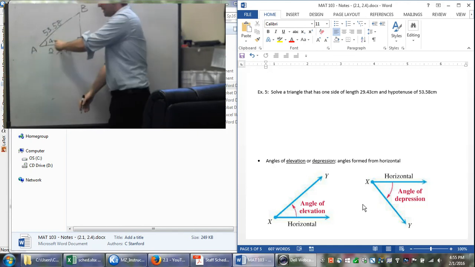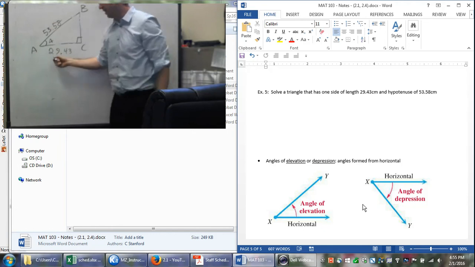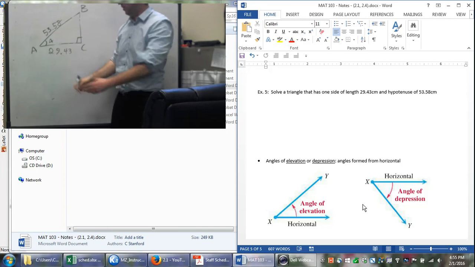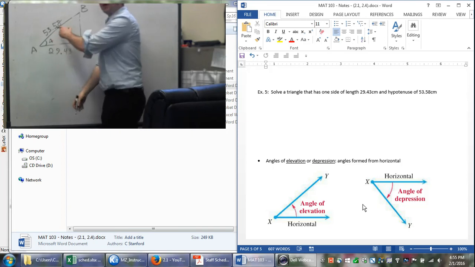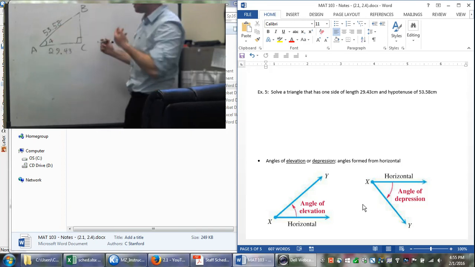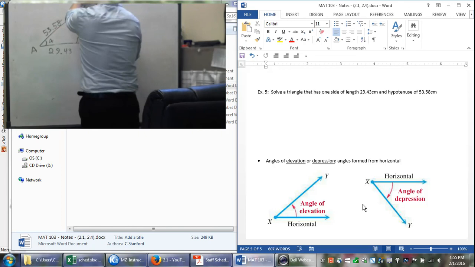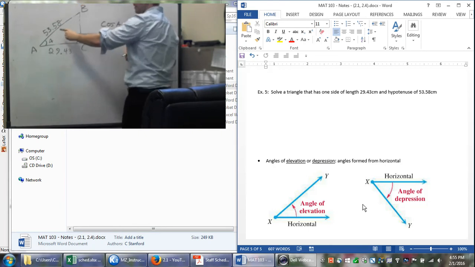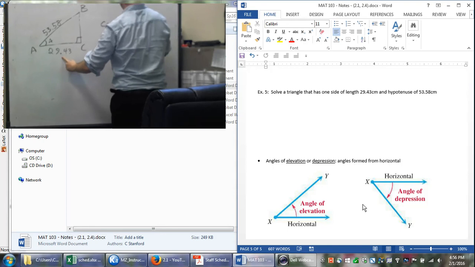But now this is my final answer, the last answer in the problem, so I need 3 significant digits, just like they gave me to start with. That would be 10.4, but the 6 tells me to round that 4 up.